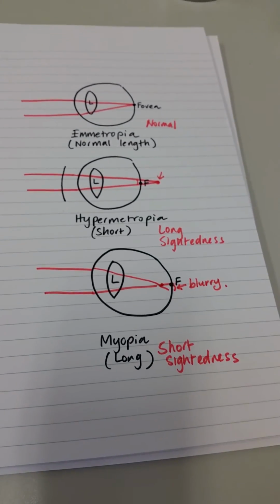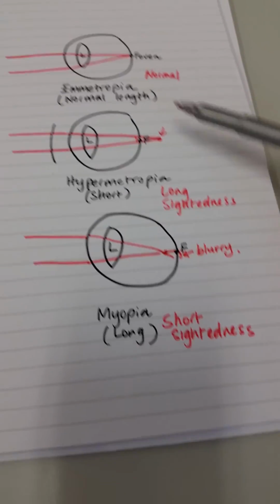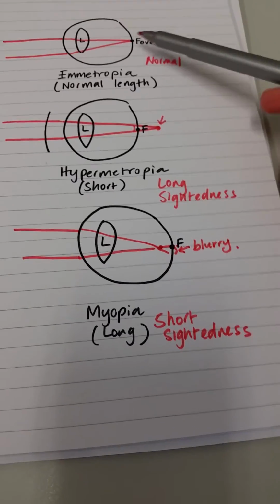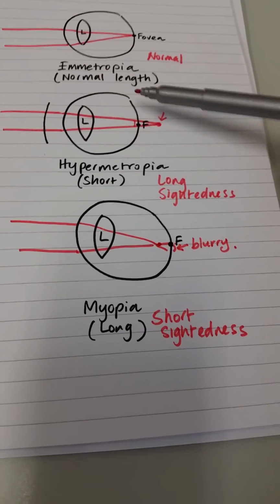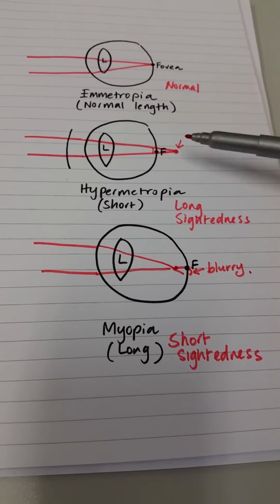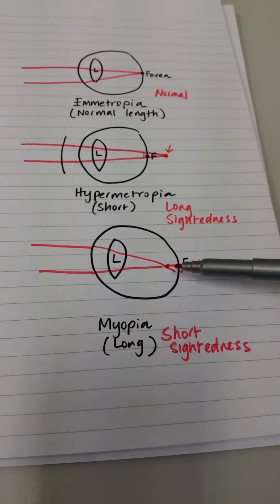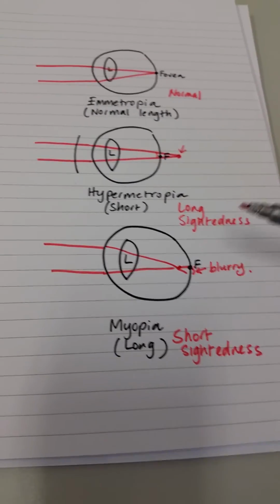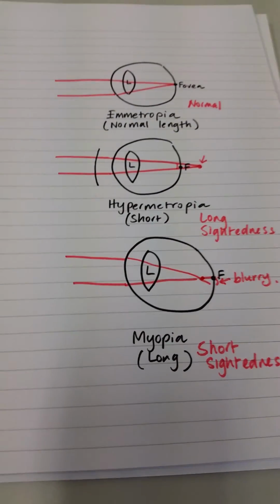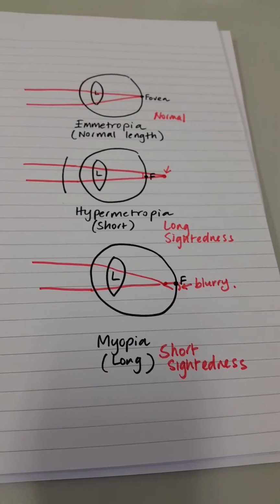So that's what it means by the nodal point not corresponding to the point of the fovea. In a short eye, the point is behind the eye. In a long eye, it's before the eye. So hopefully this gives you a good explanation, although very simplistic, of course.